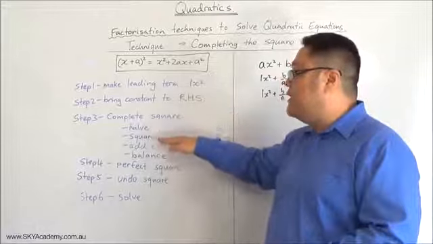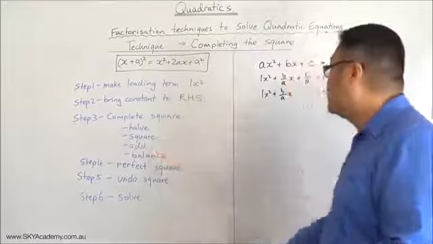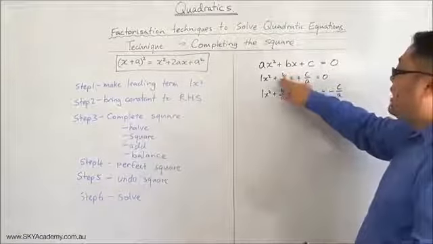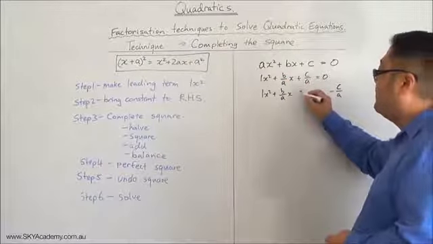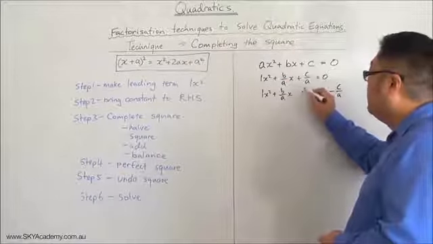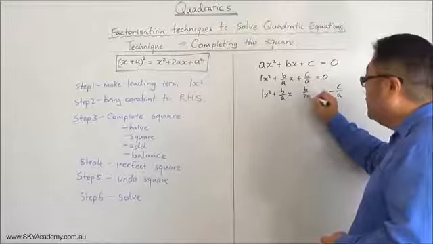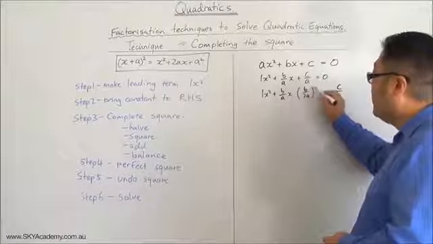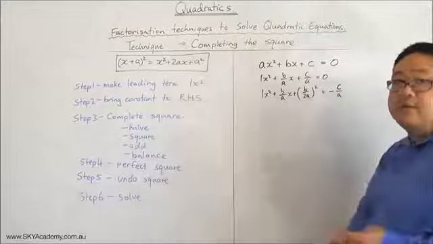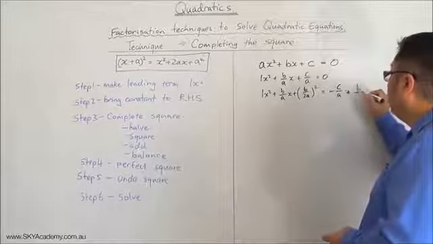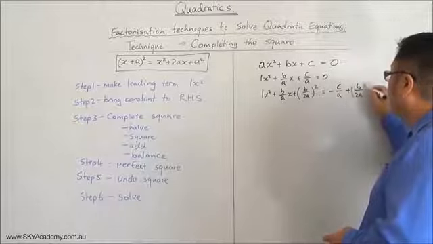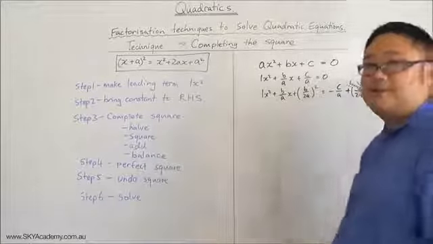So, halve, square, add and balance. So let's halve this. So halve b on a, and that becomes b on 2a, and then you square it and you add it on to the left hand side and you balance it up by adding it on to the right hand side.